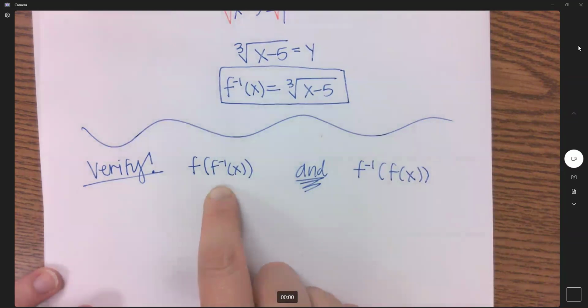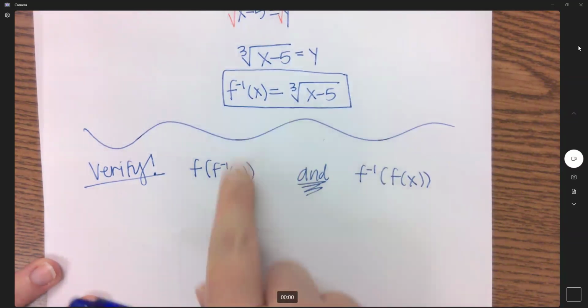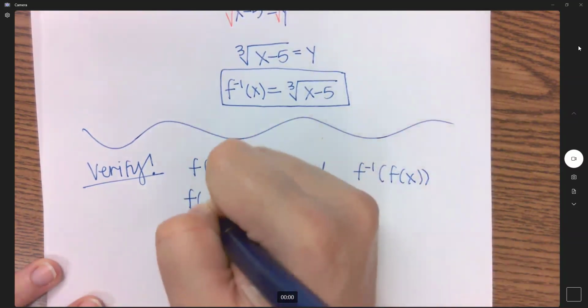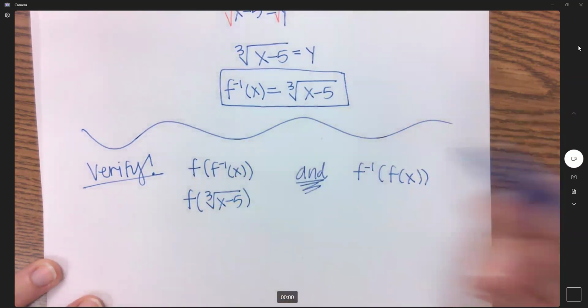So starting with this one, replace your inverse of x with this in here. So we have f of the cubic root of x minus 5.